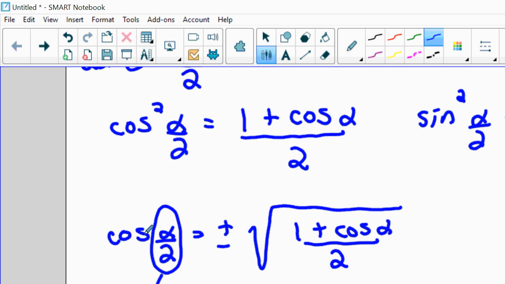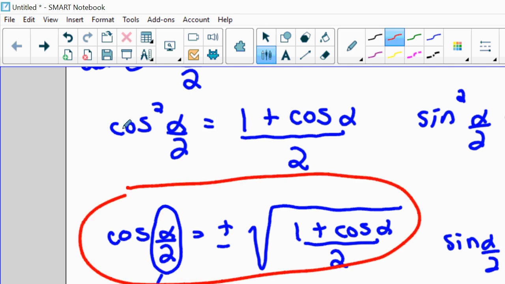If alpha over 2 is in the third, it's negative, etc. And we also get sine of alpha over 2 equals plus or minus the square root of 1 minus cosine alpha over 2. These are called your half angle formulas.